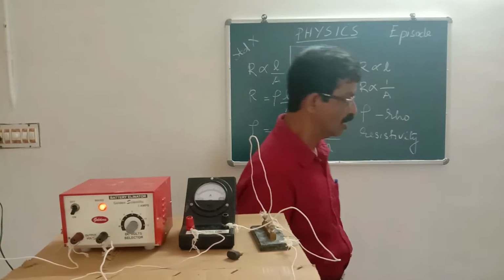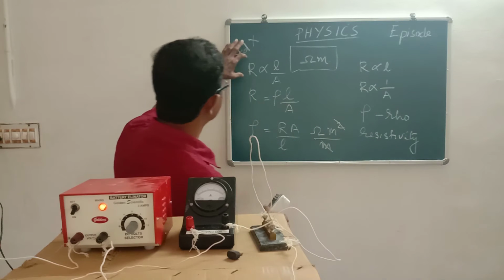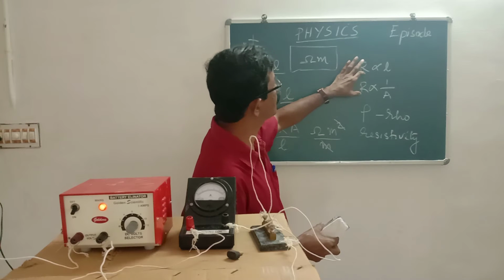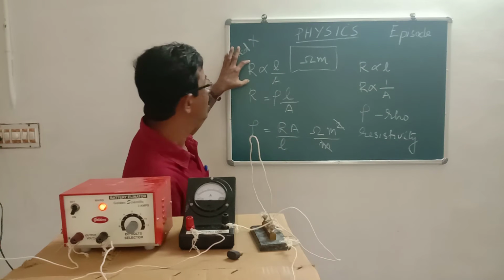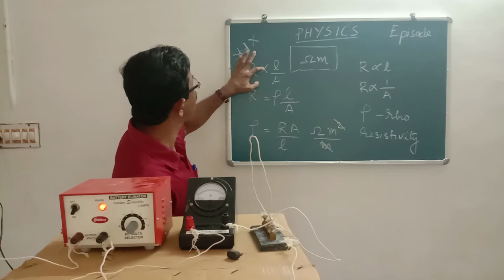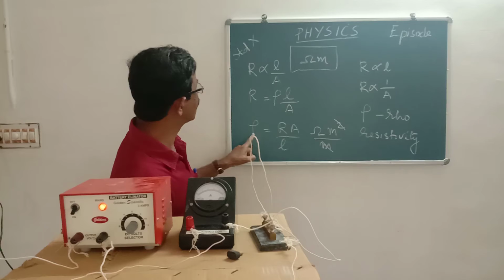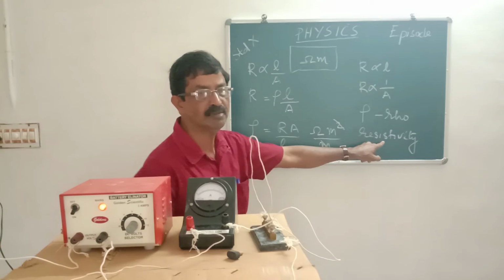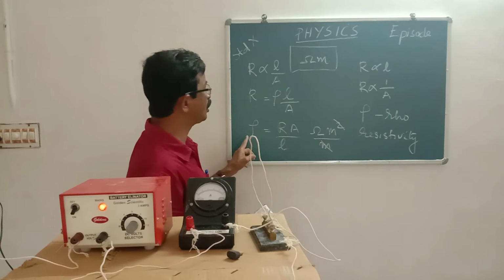Now, can you remember R proportional to L, R proportional to 1 by A; comparing these two, R proportional to L by A. This proportionality we replaced with a constant rho, and rho is called resistivity.